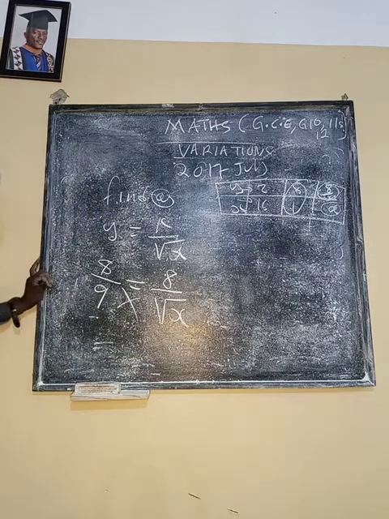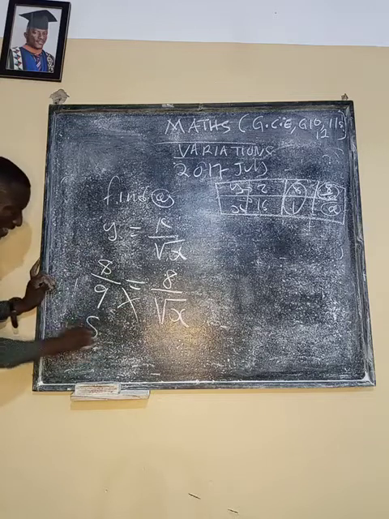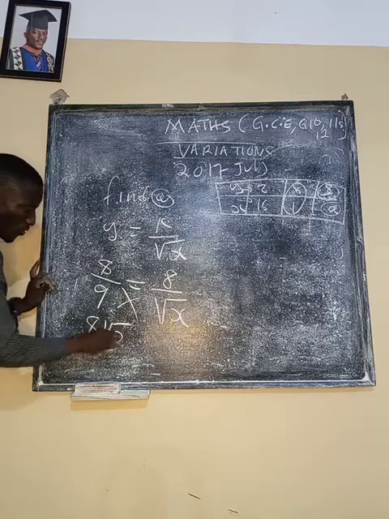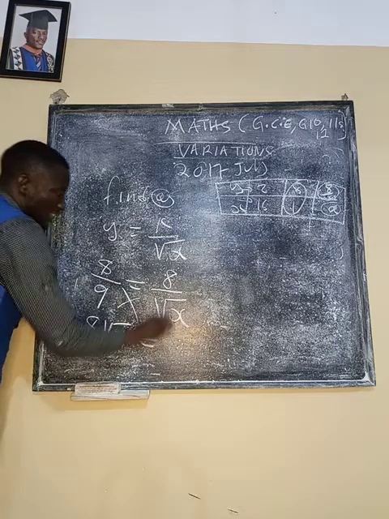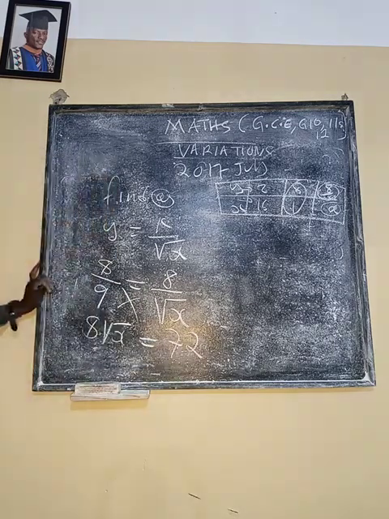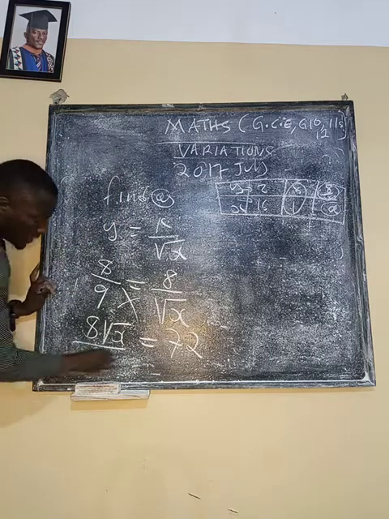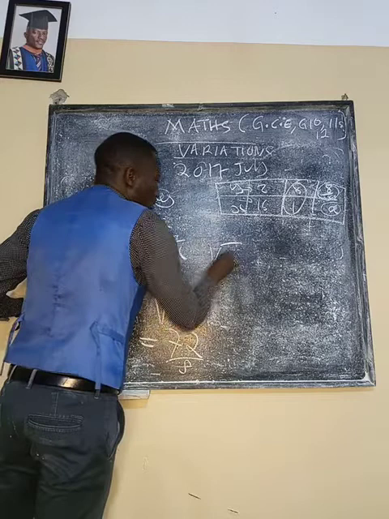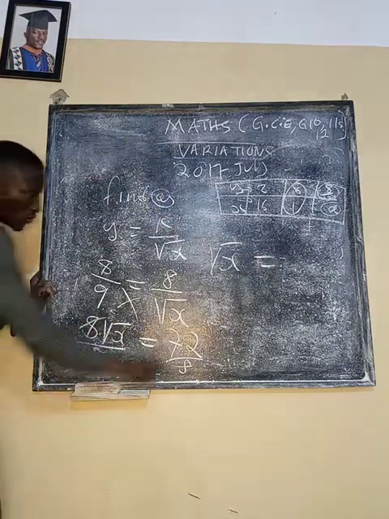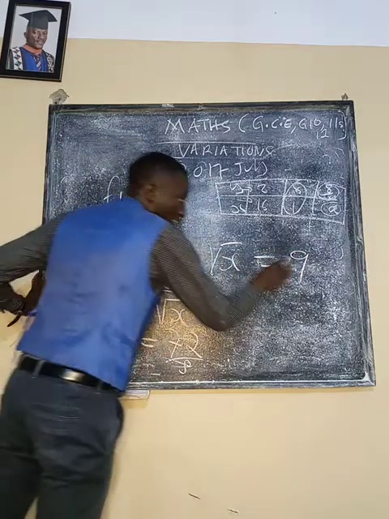Let's cross multiply. This times this gives us 8 square root of x equals 8 times 9, which is 72, over 8. Cancel, cancel. So the square root of x equals 9.